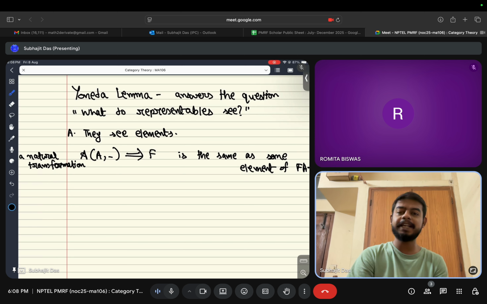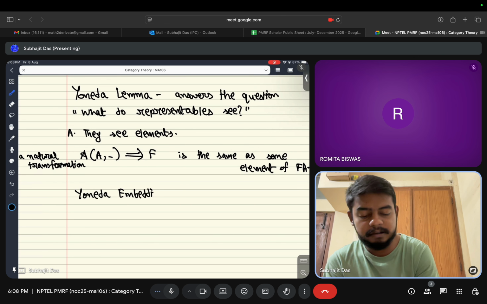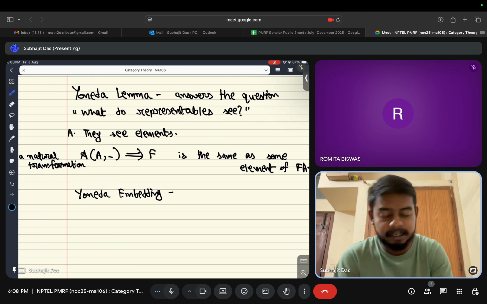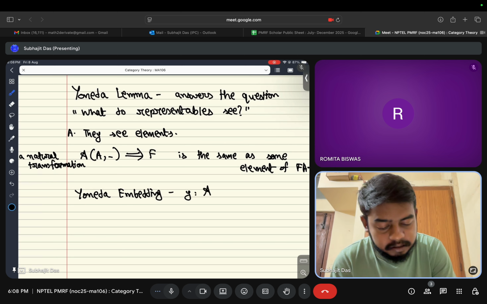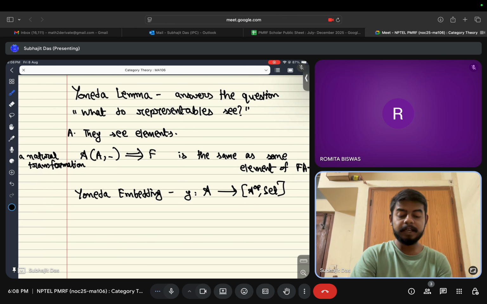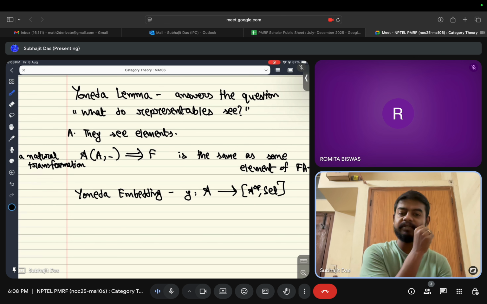So you studied the Yoneda lemma, you studied the Yoneda embedding, which is exactly a functor from a category into the category A op comma Set, this functor category, right? And one of the consequences of the Yoneda lemma is that this Yoneda embedding functor is actually fully faithful, right? Which is exactly the perspective that one takes to characterize mathematical objects.